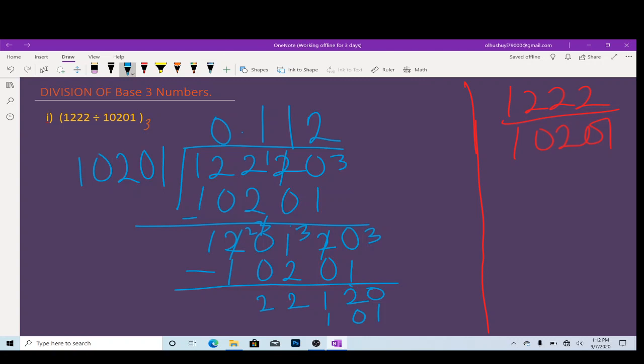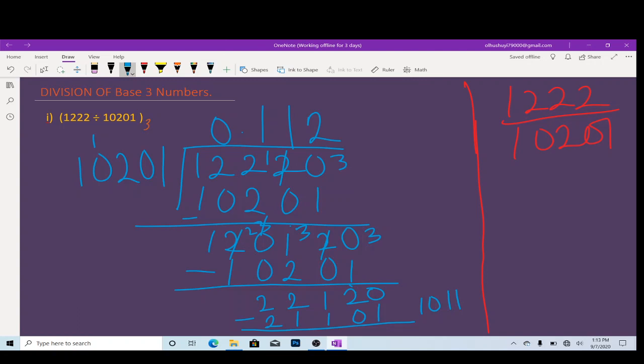You keep 1. 2 times 0 is 0 plus that 1, you have 1. 2 times 1, you have 2. By the time you subtract, you are going to be having 1 0 1 0 1 0 1 1. So 1 0 1 1.